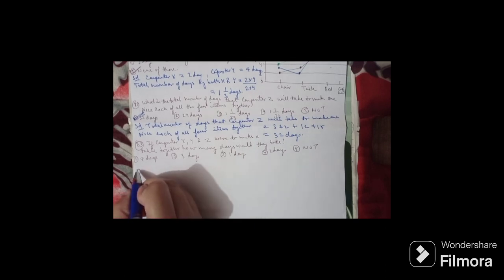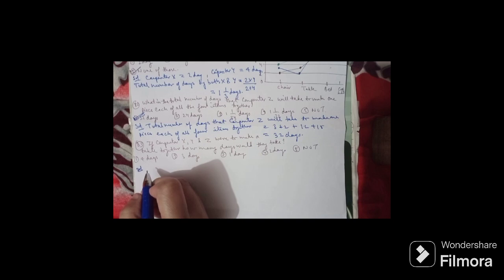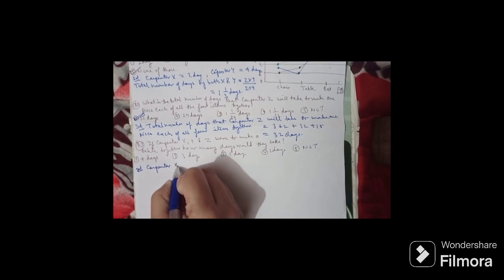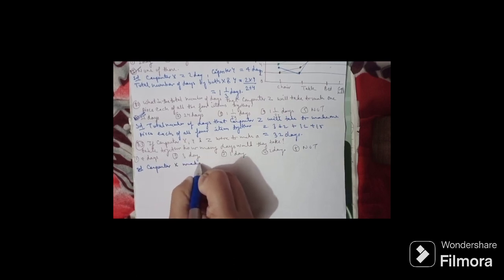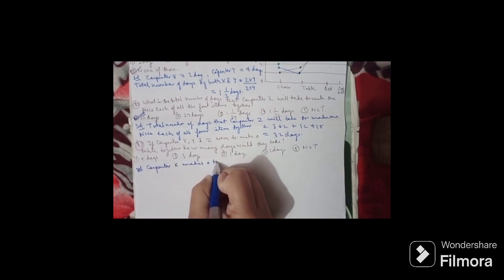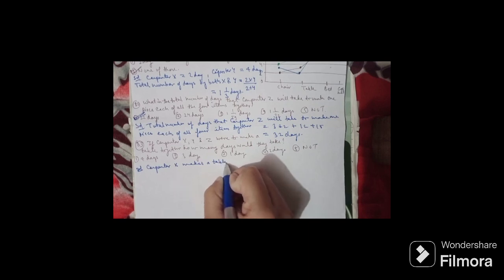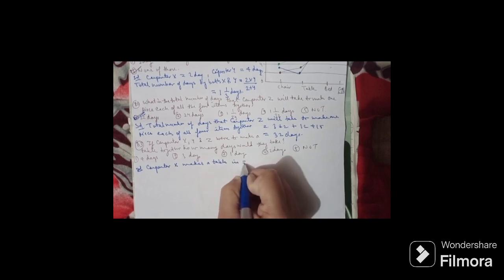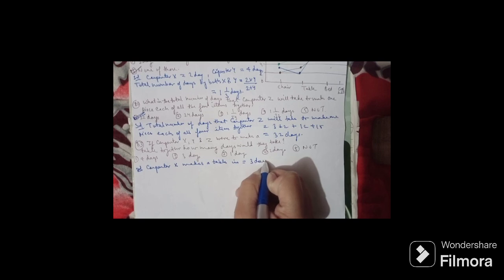So here we go. Carpenter X makes a table in 3 days.